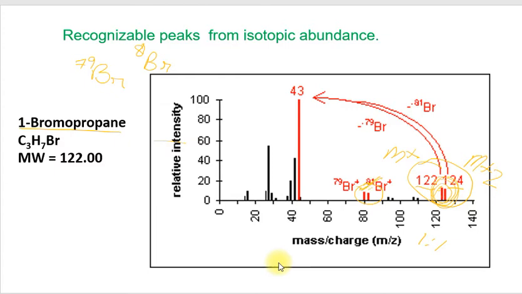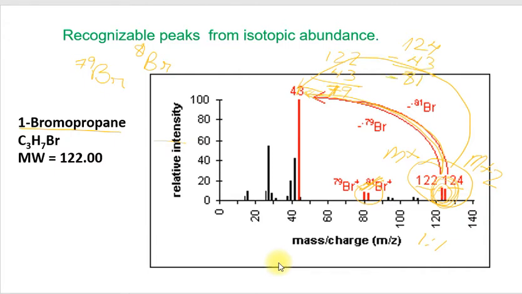So 79 and 81. To see the fragmentation, you have to consider the difference from the M plus peak to the base peak. The M plus peak is 122, so 122 minus 43 gives you the loss of a fragment of m/z 79. Or from 124 to 43, 124 minus 43 gives you a difference of 81.